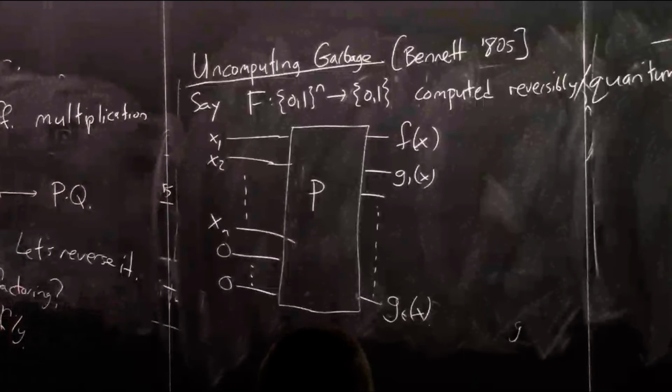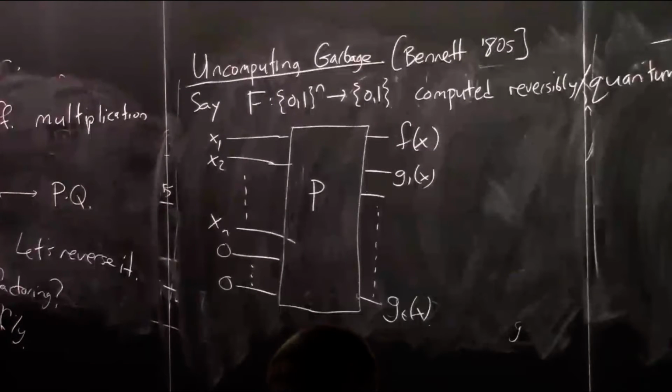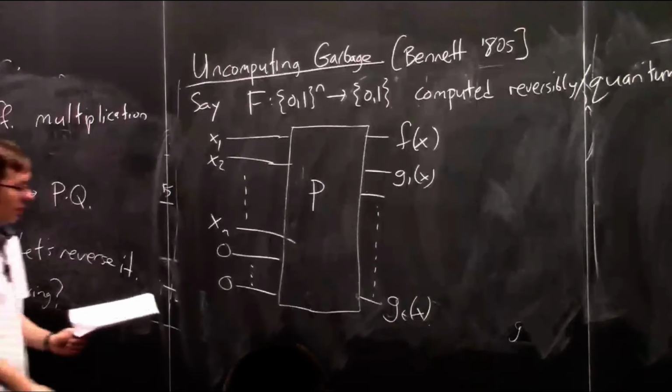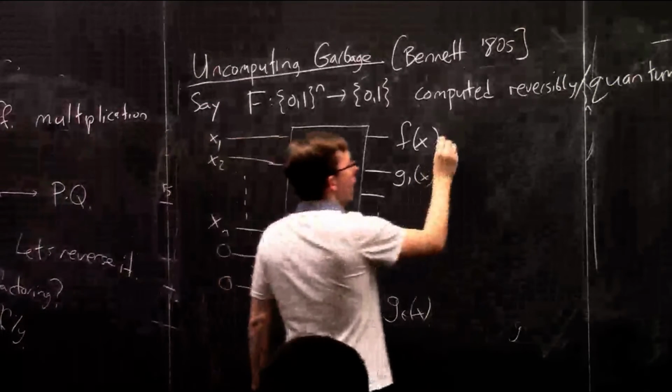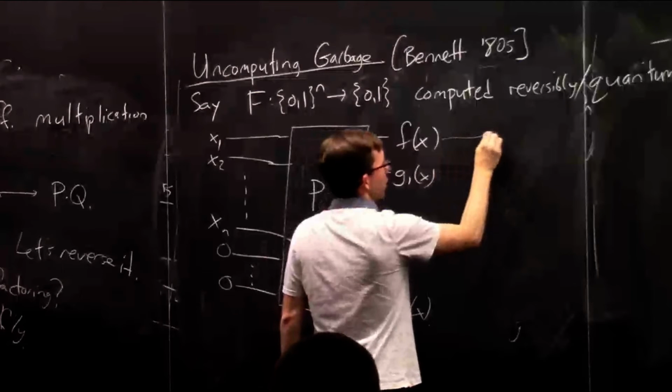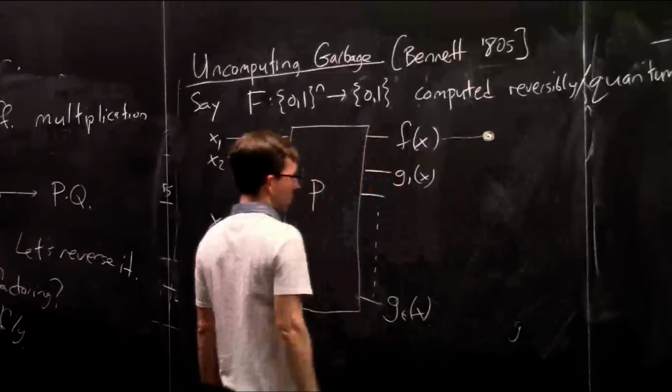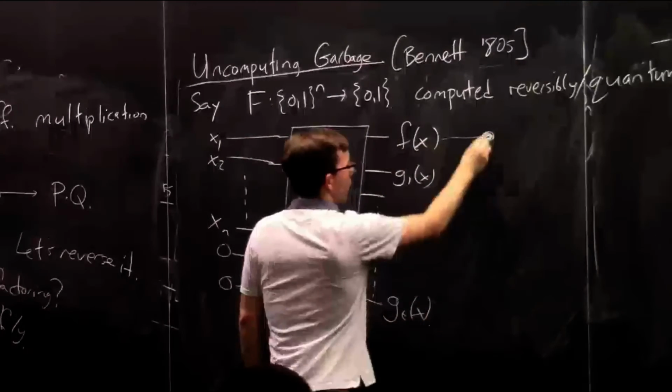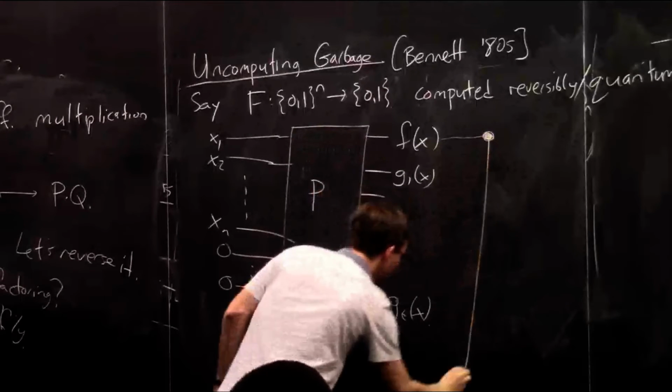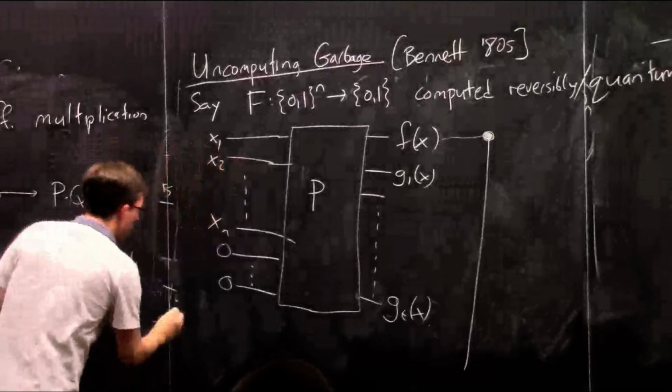Based on the title, there's a trick for somehow getting rid of them, and I will just tell you this trick. You want to copy the answer somewhere and then undo the garbage. The first step is to copy the answer somewhere. The gate most similar to copying in this quantum or reversible world is the CNOT gate. So you CNOT the answer with a new bit.